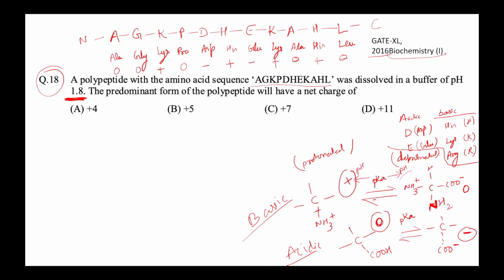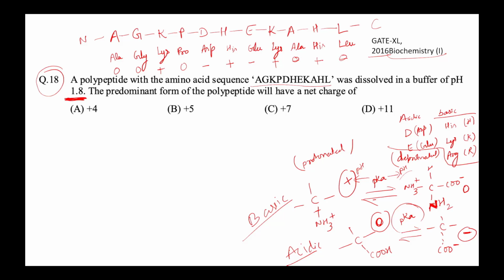Okay, so that is a little knowledge we have. Generally all basic amino acids have a very high pKa, in the range of 6 to 12. If the pH is lower than their pKa, like lower than 6, they will be present in the protonated form. For the acidic amino acids the pKa values are very low, in the range of 2 to 3 or 4, but below their pKa they will also be present in the protonated form.